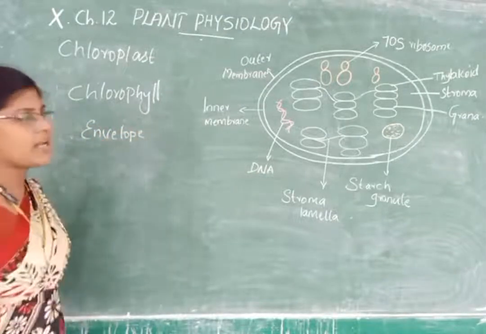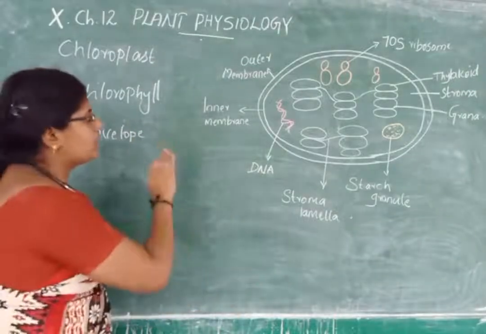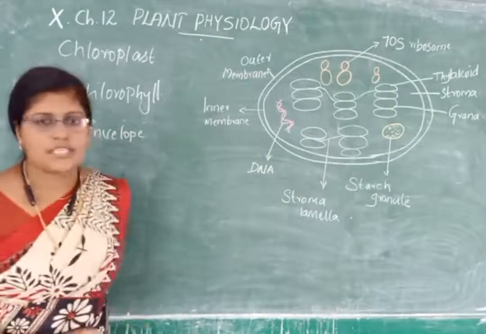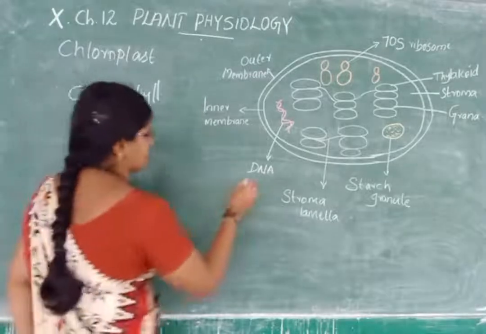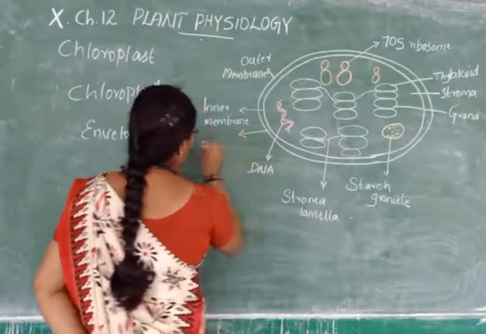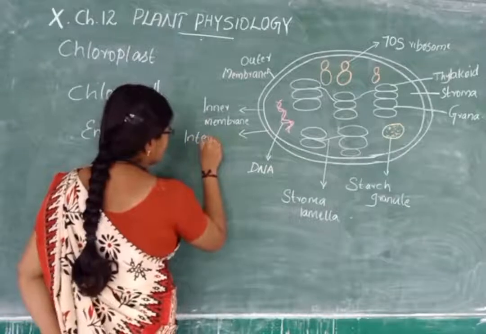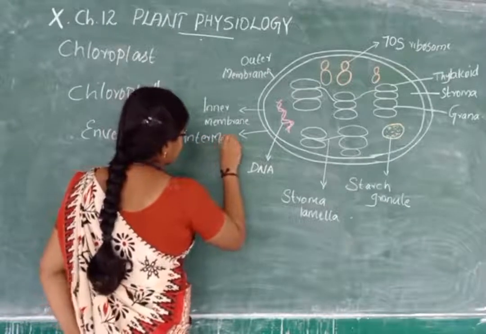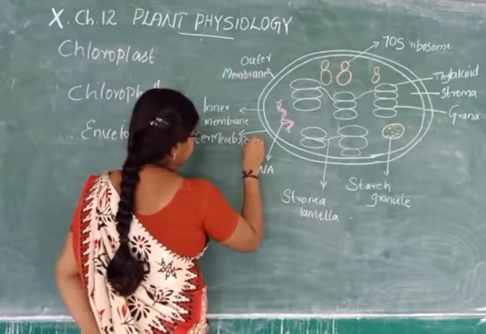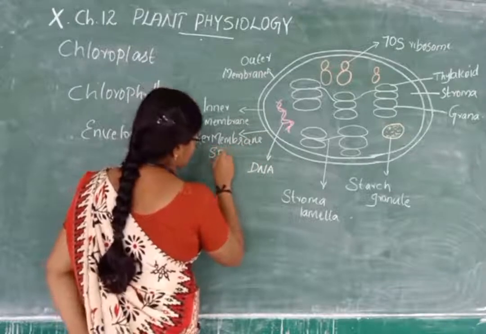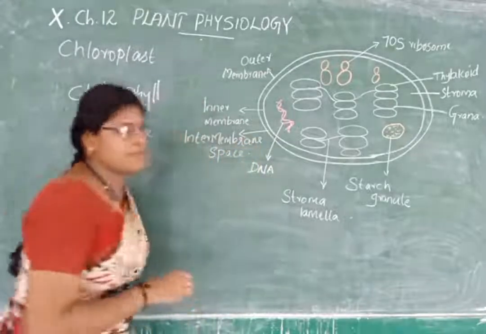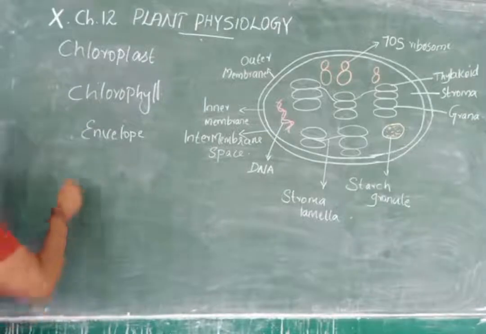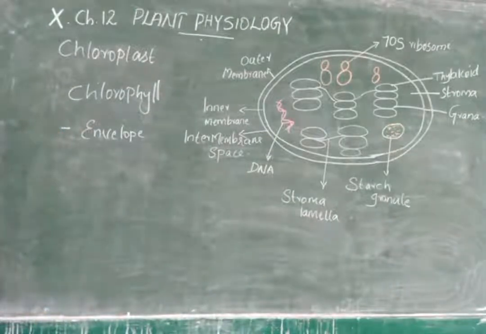Between the outer membrane and inner membrane there is a space called the intermembrane space.